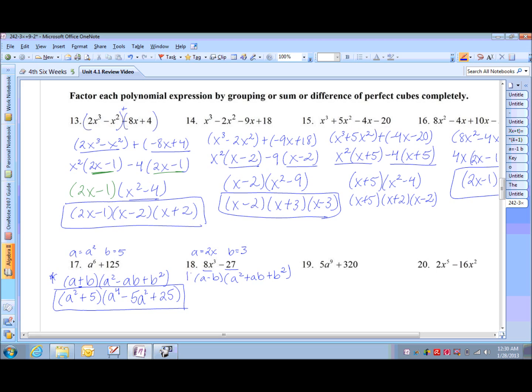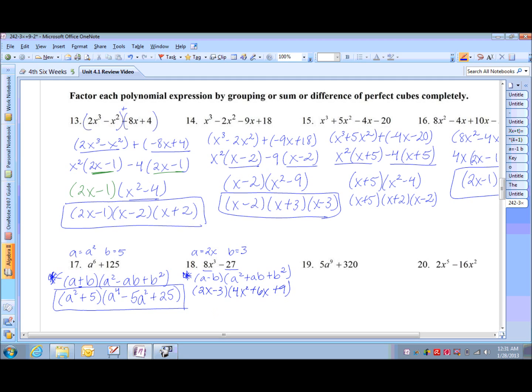Notice the difference between the factoring formula for a difference of perfect cubes and a sum of perfect cubes over here. You need to make sure that you know those for your test tomorrow. So we just plug in from this point. a is 2x, b is 3, so 2x minus 3 times a squared, which is 4x squared, plus a times b, so positive 6x, and then b squared is 9.